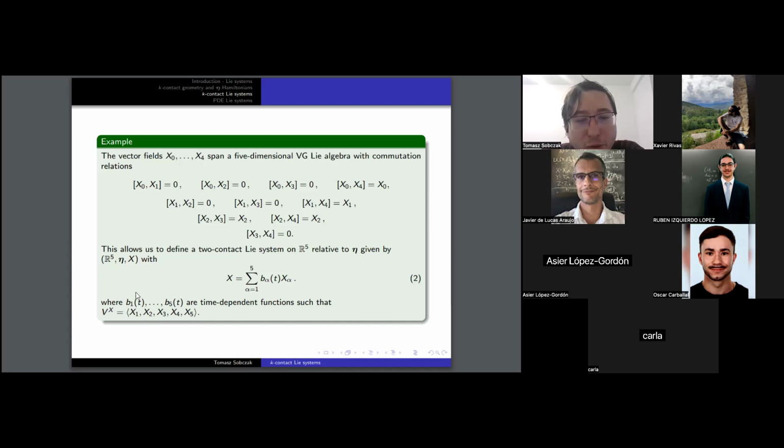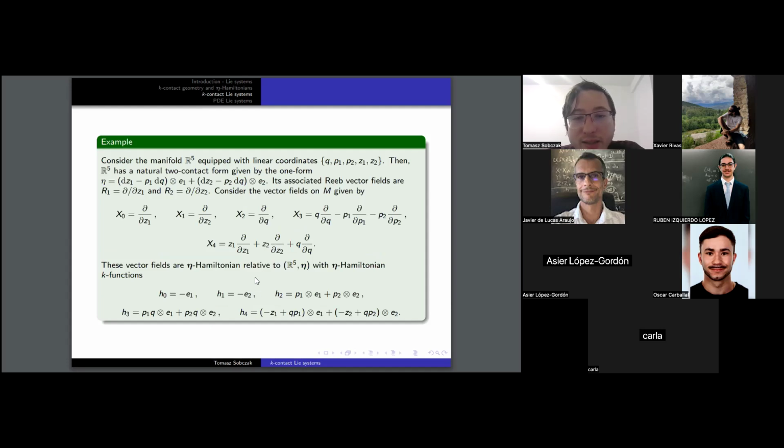I believe it should be X0 to X4, just a typo. What I want to underline is that in this case, we are dealing with a non-projective Lie system, meaning we can easily see that, for example, H4 is not a first integral of either the first or the second Reeb vector fields.